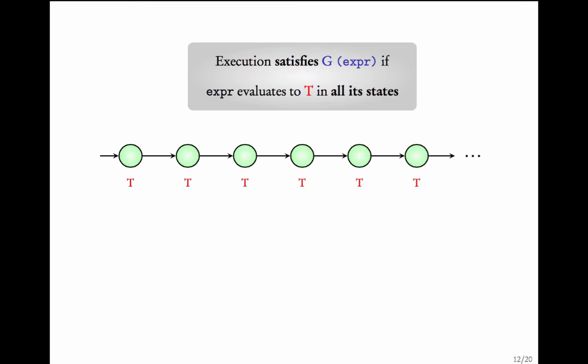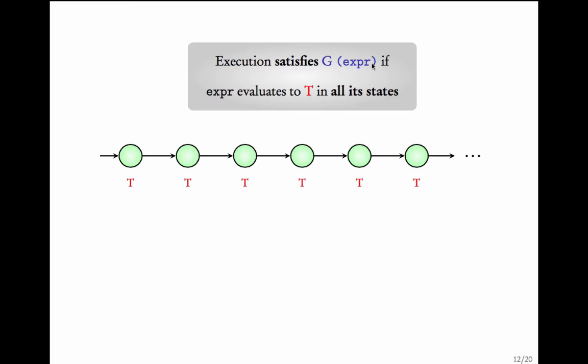Let me summarize what we saw in the previous two examples. Suppose this is an execution of a transition system. The execution satisfies G of a Boolean expression if that expression evaluates to true in all its states.